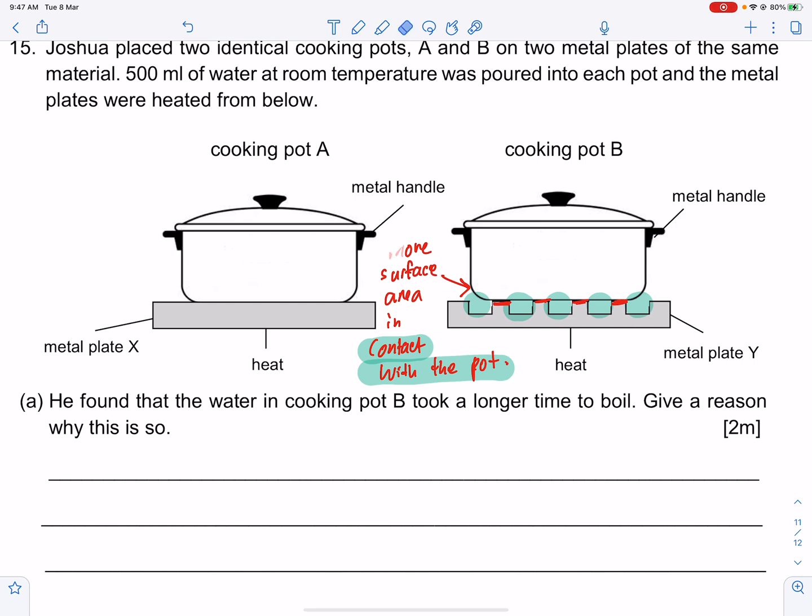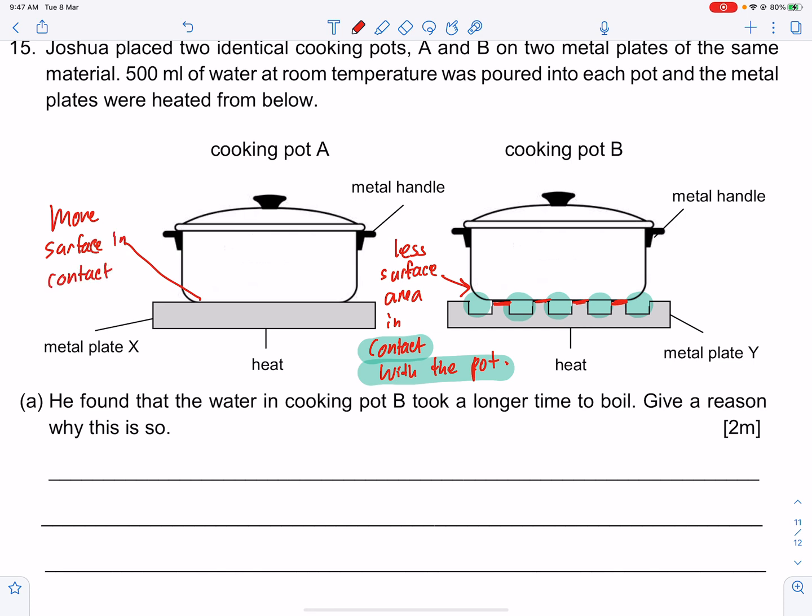Actually, it's less surface area. Okay? Less surface area in contact with the pot. Right? Less. Because if you take a look at it, these areas here are the areas that are in contact, as compared to this side has more surface in contact.